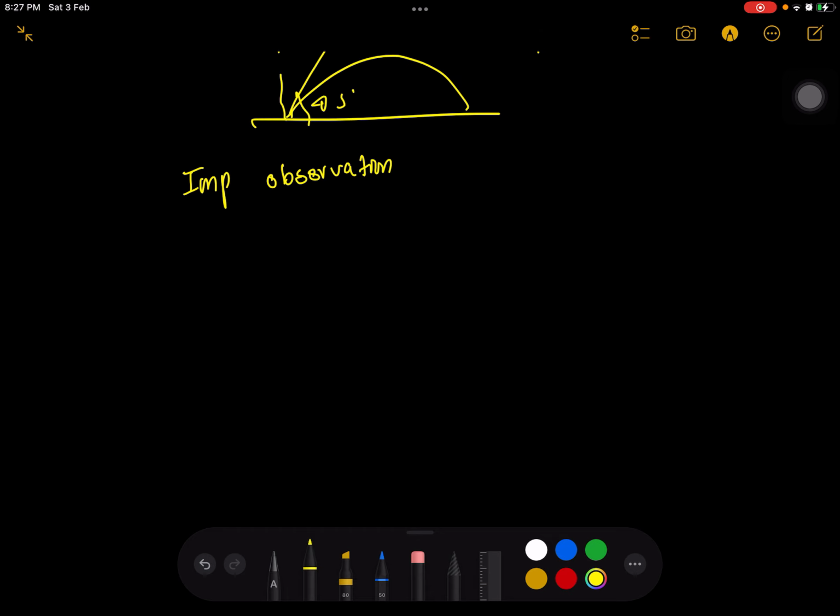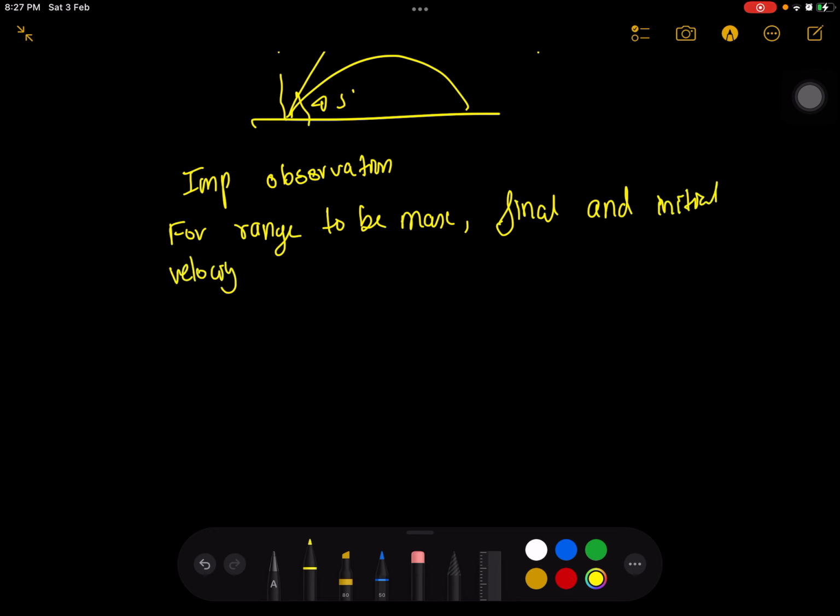For range to be max, the final and initial velocity vectors are perpendicular.